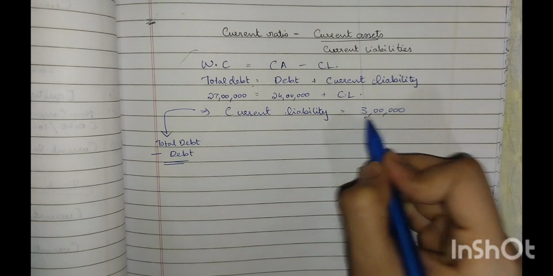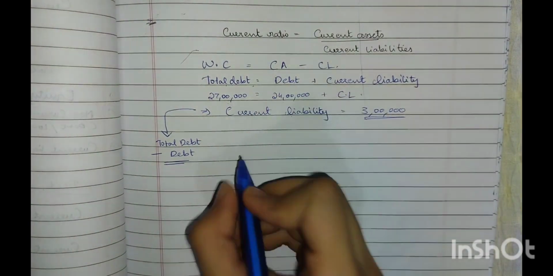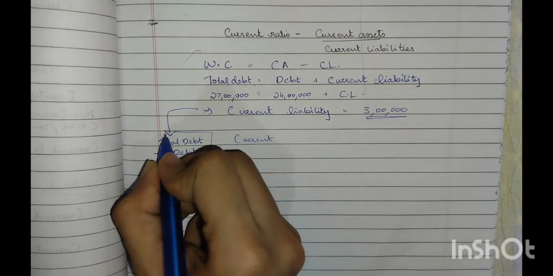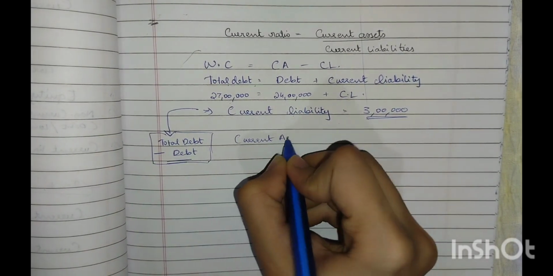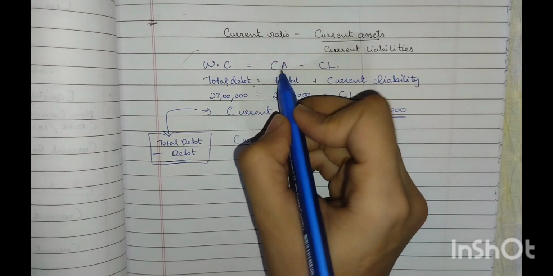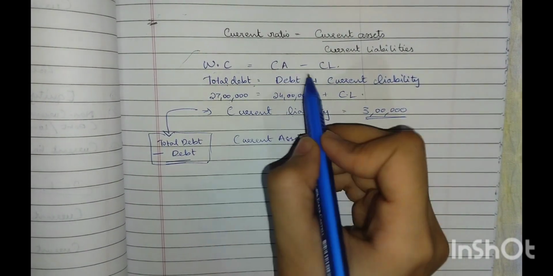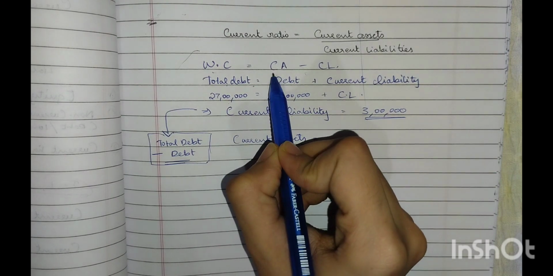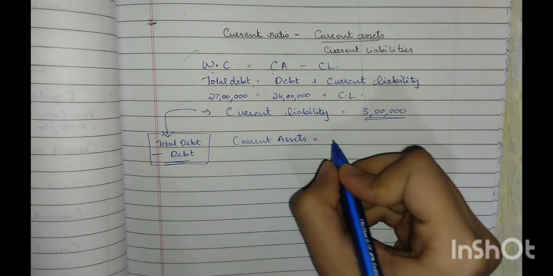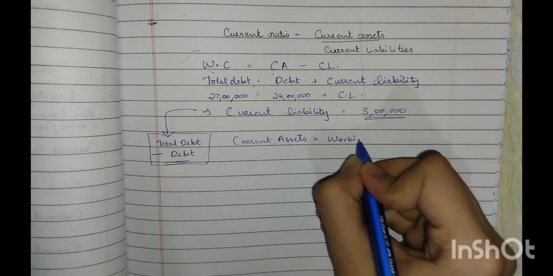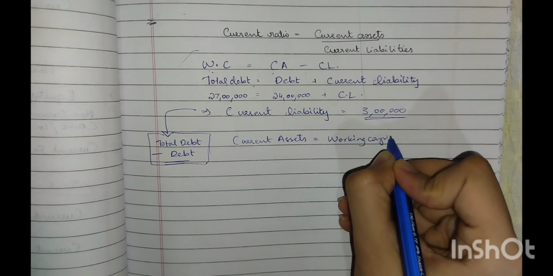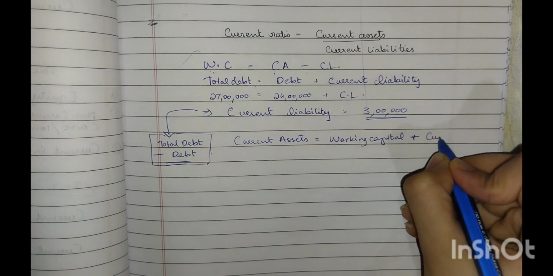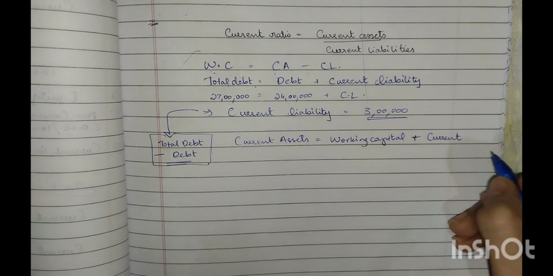Next, to find our current assets. We know that, from this equation, current assets are equal to working capital plus current liabilities.